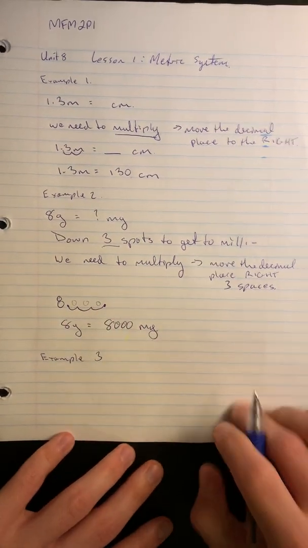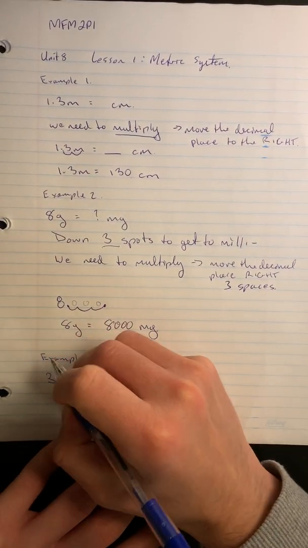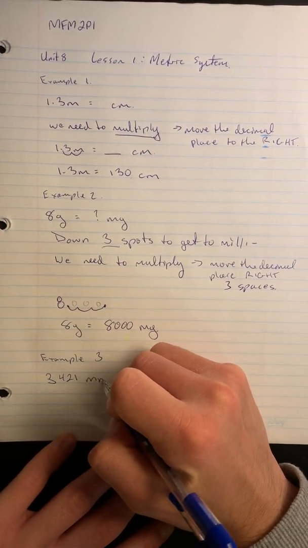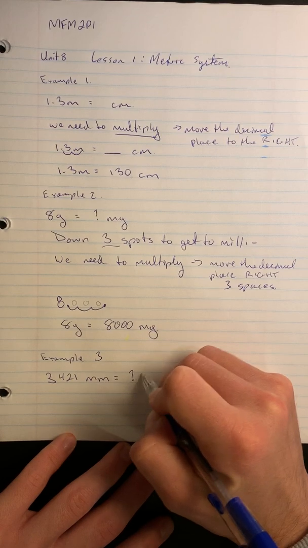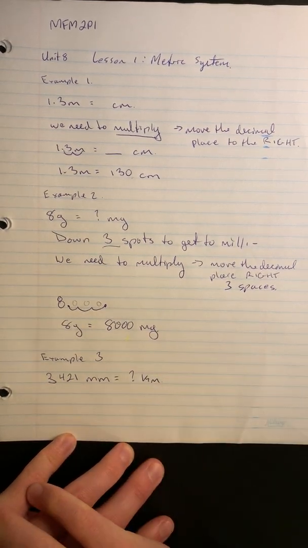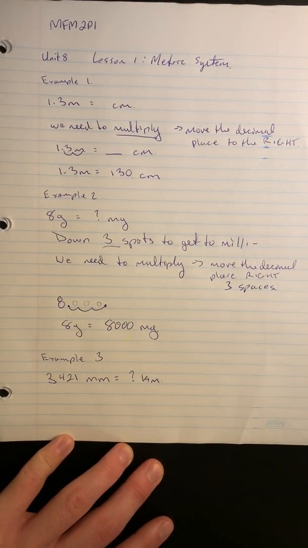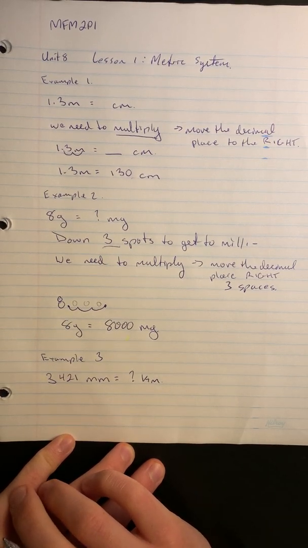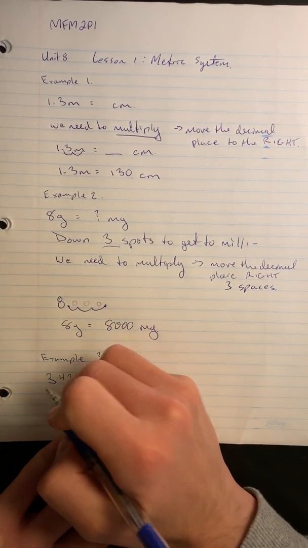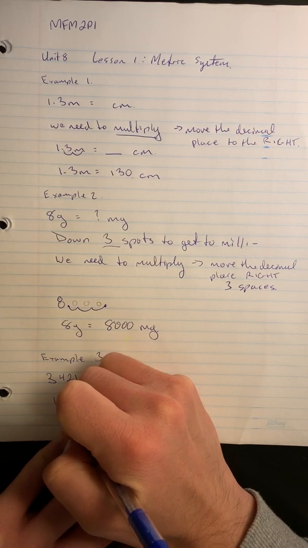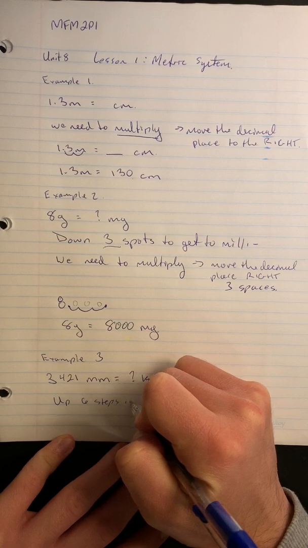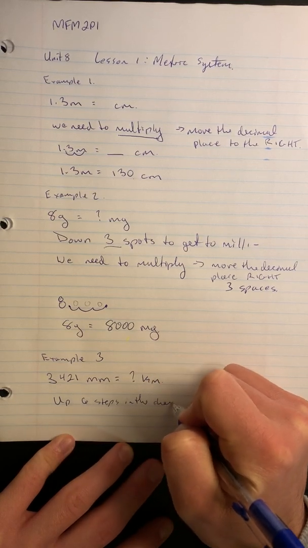Example 3. 3,421 millimeters equals how many kilometers? To go from millimeters to kilometers, we have to count up 6 steps in the chart.